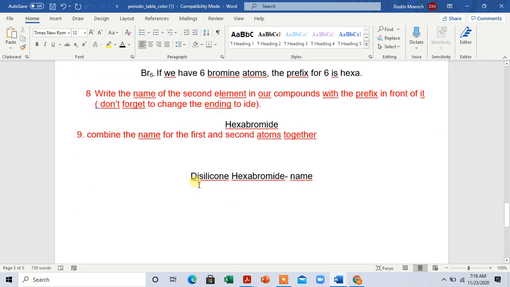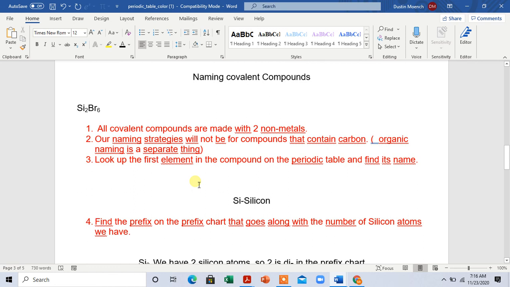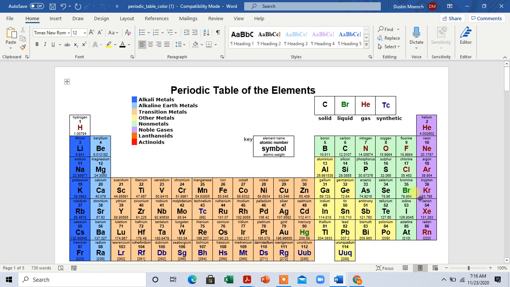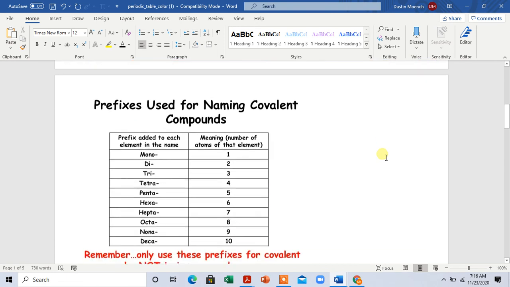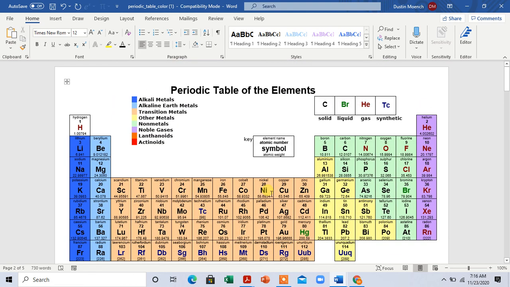Okay, so these rules are a lot more straightforward than the ones for the ionic compounds because there's no levels. They're all using these, and it's pretty clear what to do because there's only a small group of elements that you can choose from. And the chart right here tells you what all the prefixes should be.